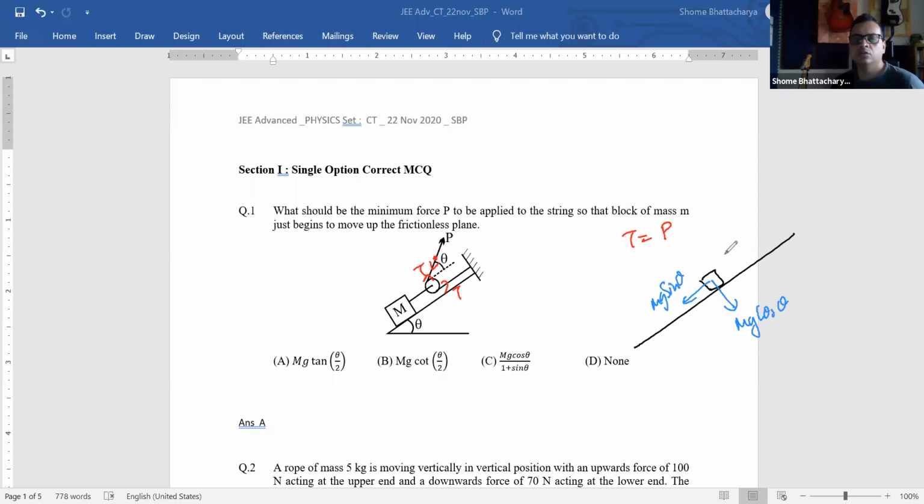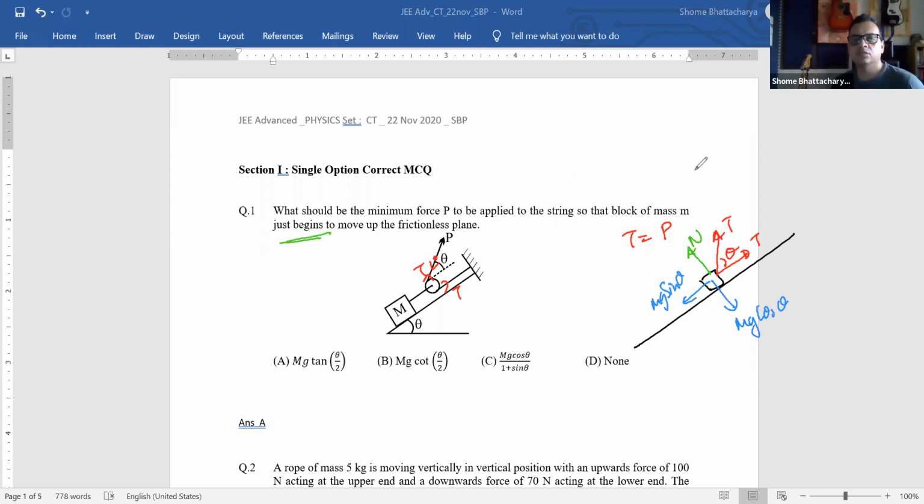Now there is this tension which is interestingly acting at that same angle theta. And then there is of course normal reaction.